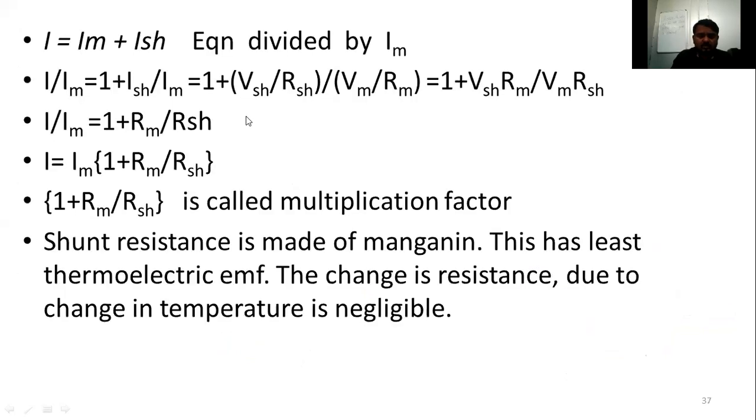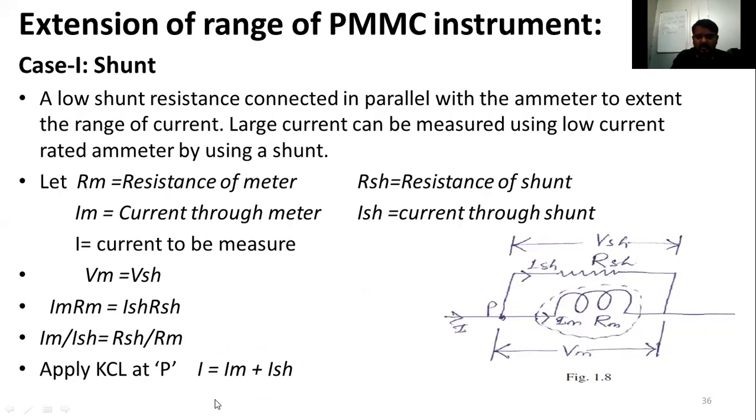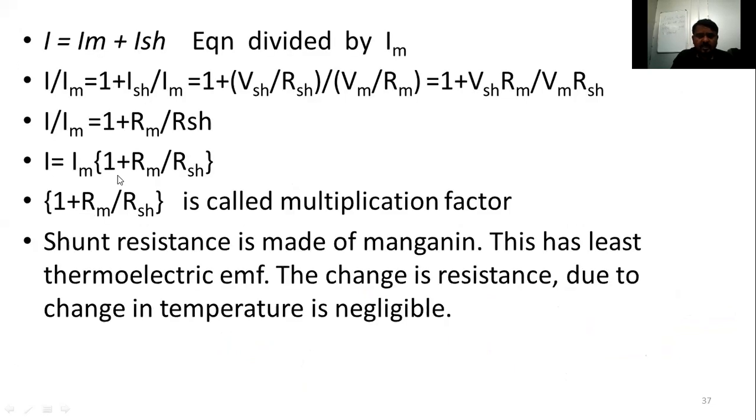So we have the same equation. I will consider I equals IM plus ISH. To this equation, on both sides, I will divide by IM. So I divided by IM. Next, IM by IM, you can write 1.